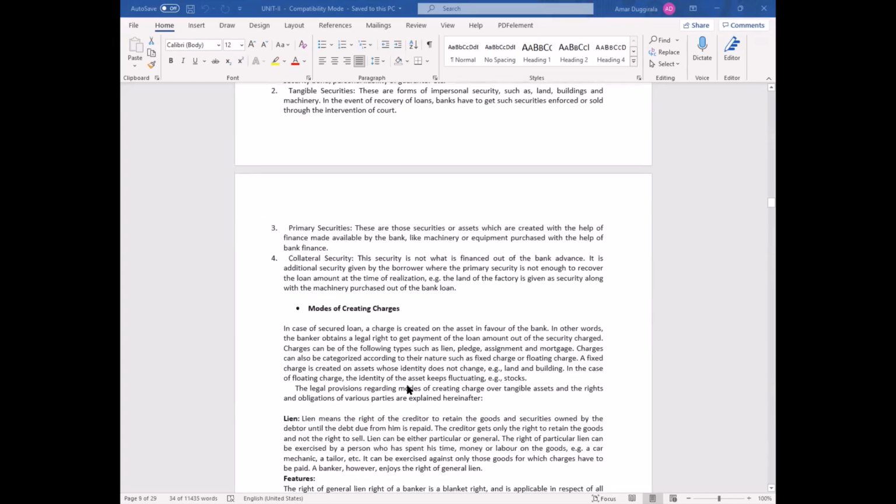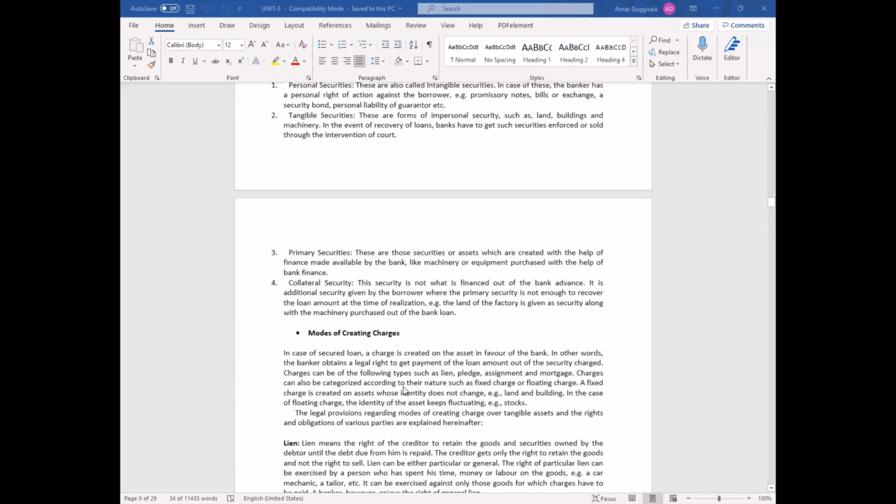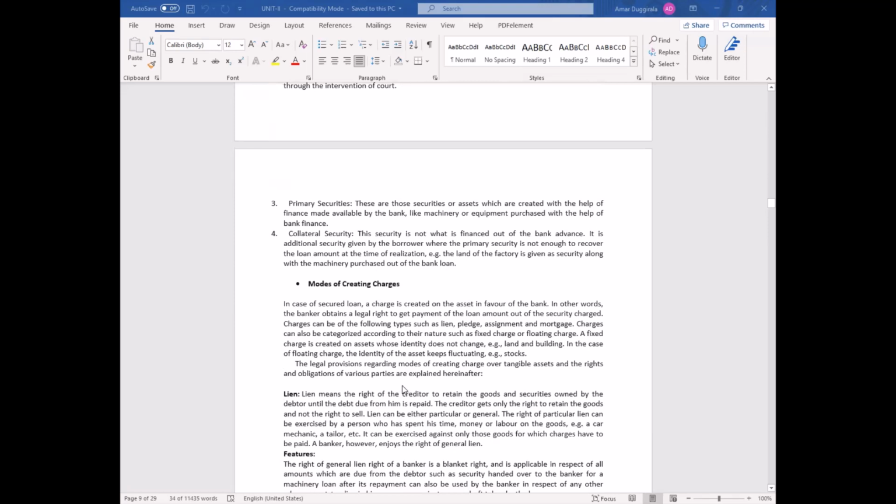Now, once these securities are put into the agreement of the loan, then some charges are created. So in the case of secured loan, when the security, personal security, primary security, tangible or collateral security has been put in by the customer to the bank for the loan, a charge is created on the asset in favor of the bank.